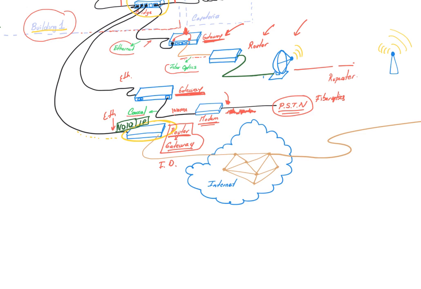Now this router is going to determine what's the route to get to that specific IP address. So let's say that this is now accessing the internet through the ISP, the internet service provider. And if you were to look at the internet, it would be just a bunch of routers connected together, so different networks getting connected together.